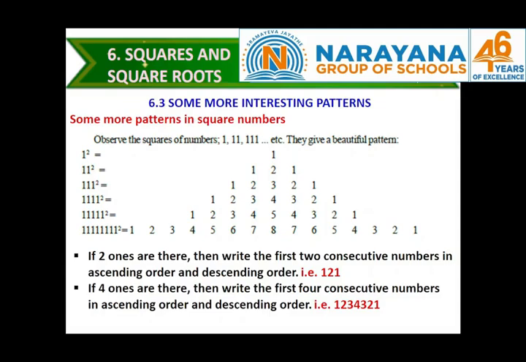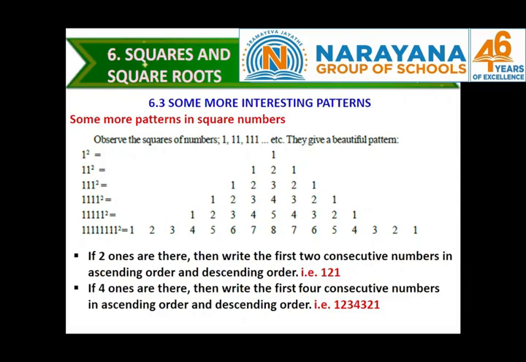The numbers are written in increasing order as well as decreasing order, from 1 up to the number of ones. 11 consists of two ones, so I start the values from 1 to 2, again from 2 to 1. And if I take 3 ones, I start from 1 to 3 and again from 3 to 1.